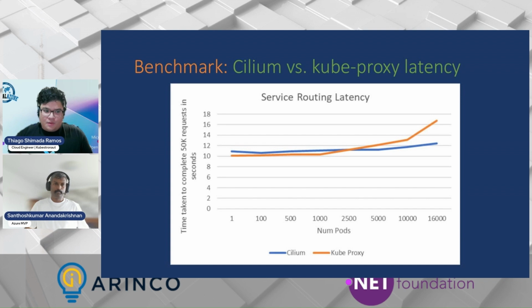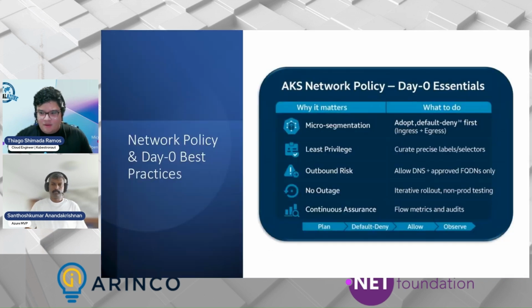Okay, so once we have all this defined, the model, we can go and talk about network policies, right? It's essential to plan how you're going to do this part from day zero. So just a few fundamentals. You can start by applying default deny, so you close all the ingress and egress paths.